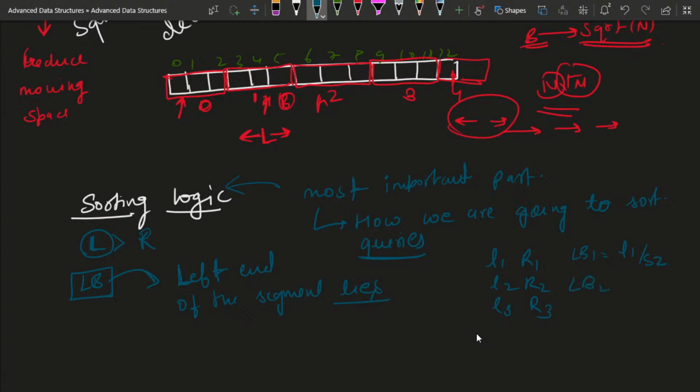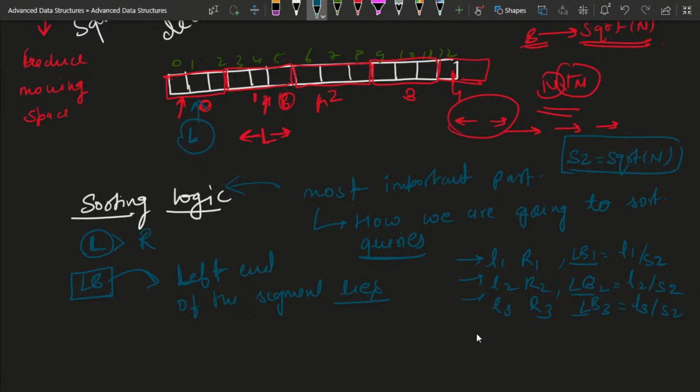LB2 would be L2 by size and LB3 would be L3 by size. This size is nothing but the square root of n, which we have already discussed. For each query we have maintained this LB. LB is the chunk in which the left end of the query is lying.